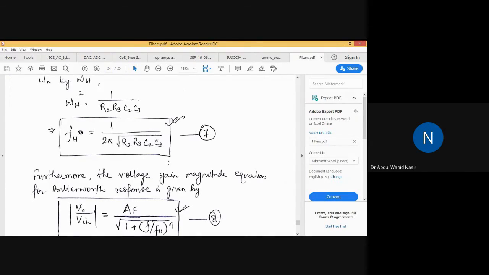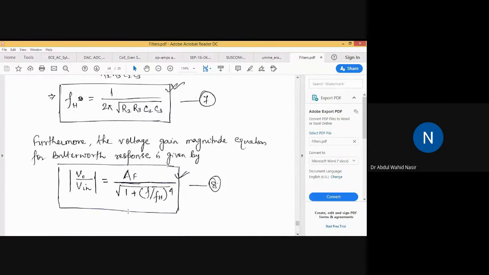Furthermore, the magnitude equation for the Butterworth is given. V naught by V in is equal to AF divided by root under 1 plus F by FH to the power 4. The equation 8 for the first order and for the second order filter is the same; only the difference is the order of the term F by FH.